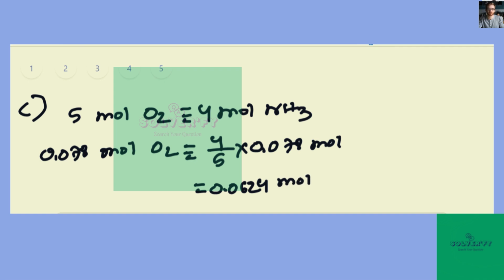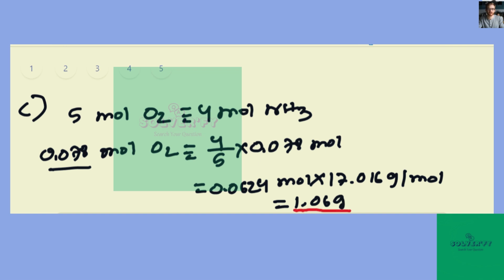So this is the number of mole of ammonia which will react with this much mole of oxygen. And if you want to find the mass of ammonia which is reacting, we simply multiply the number of mole of ammonia by the molar mass of ammonia, which is 17.016 gram per mole, and this will give us a value of 1.06 gram.